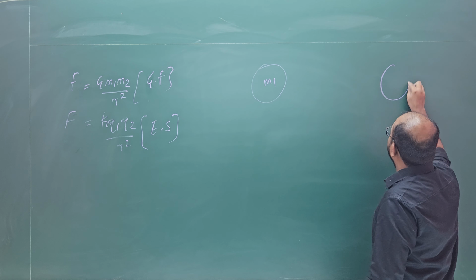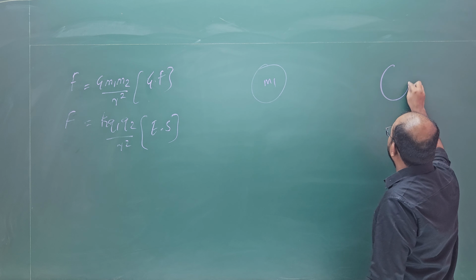Consider two bodies placed here, like this. Let's say this one is your body number 1 and this is your body number 2. Now tell me, if there is acceleration or no acceleration, whatever it may be, can I say that N1 over here and N2 over here, two bodies?